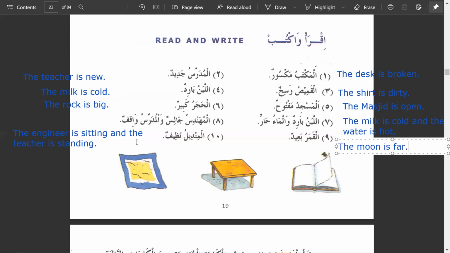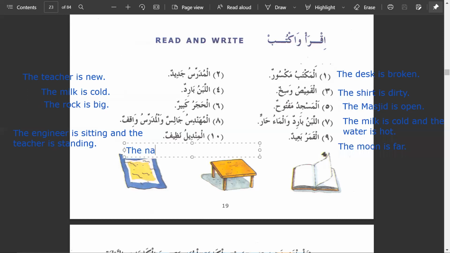The napkin or the handkerchief is dirty? No, nazifun is clean. The napkin is clean. Okay, so take a screenshot and then we can go to the next page, inshallah. Done with the screenshot? Yeah.